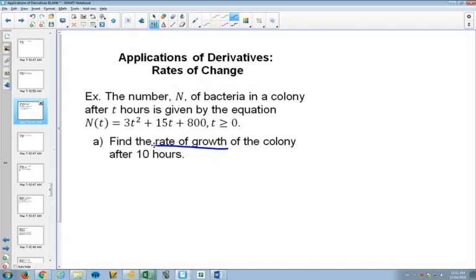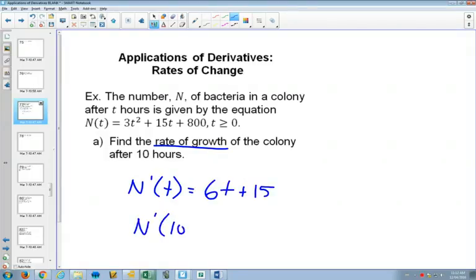So if we take the derivative of this function, we're going to get 6t plus 15. Then at 10 hours, 6 times 10 plus 15, 75. What does that 75 mean? We can write a statement.